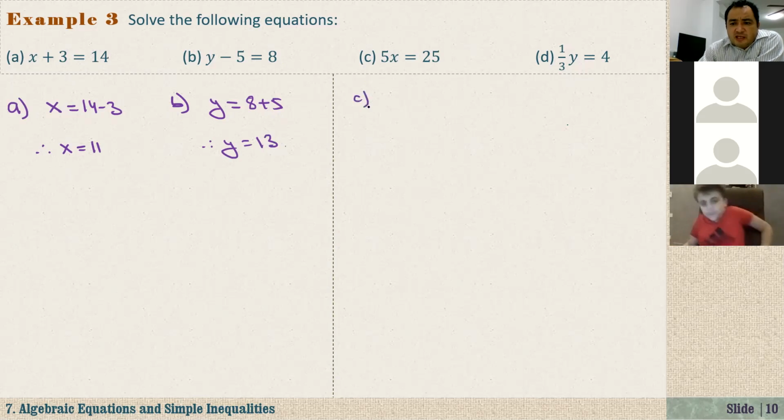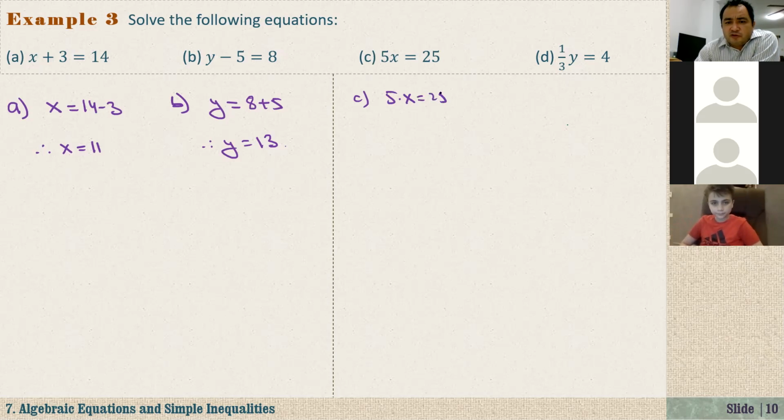And how about C? Ibrahim, are you ready? Here we have 5 times x equals 25. What is x, Ibrahim? 25 divided by 5. Okay, I can simplify now.